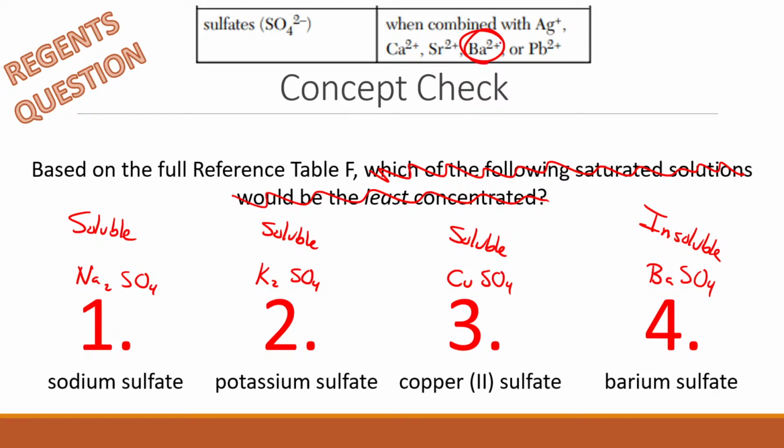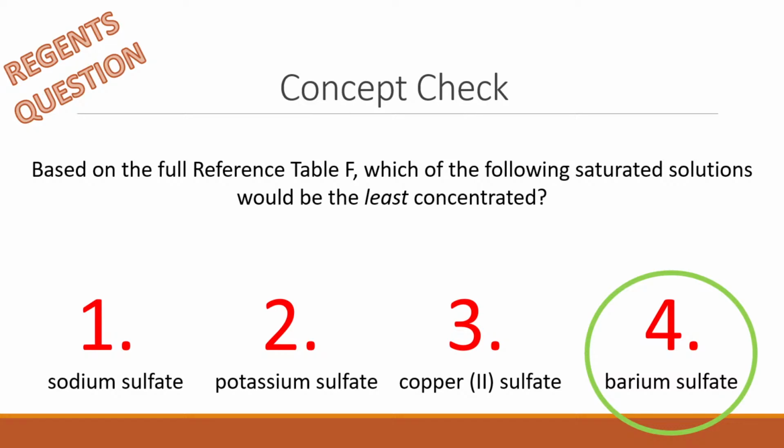Right, there's barium, our lovely exception here. If you had to guess on this question that asked you about Table F and gave you 3 soluble things and 1 insoluble thing, guessing the insoluble thing would be the right move.